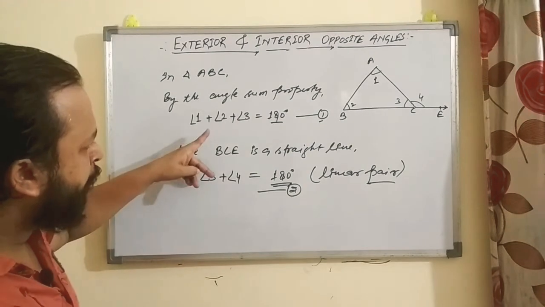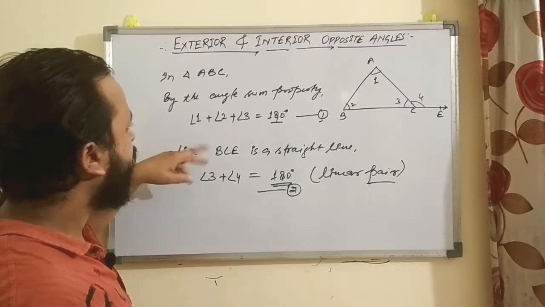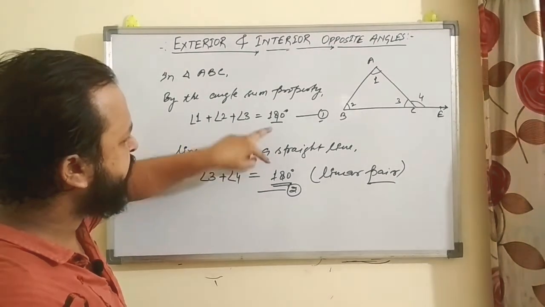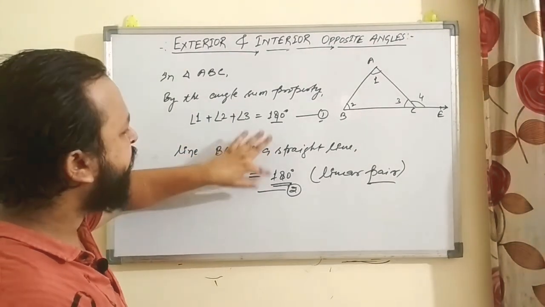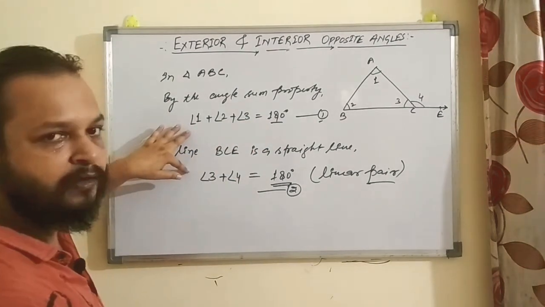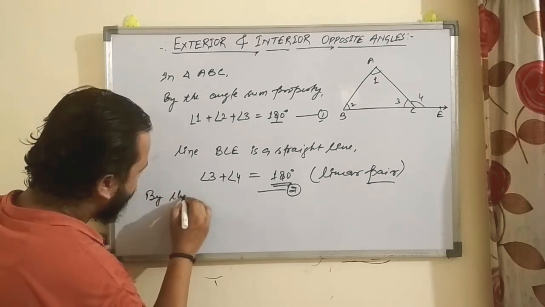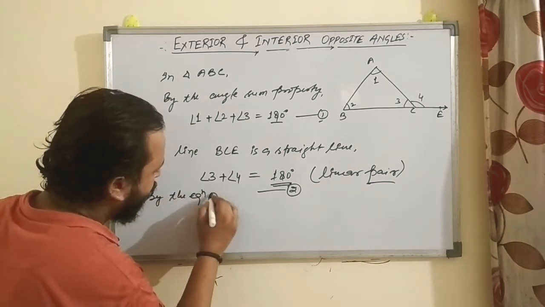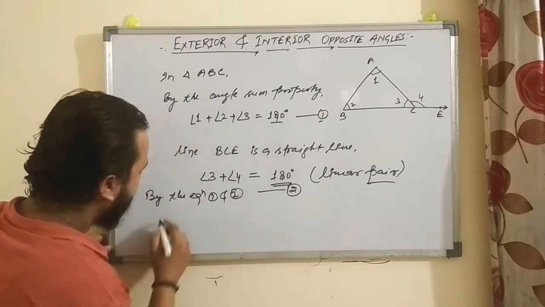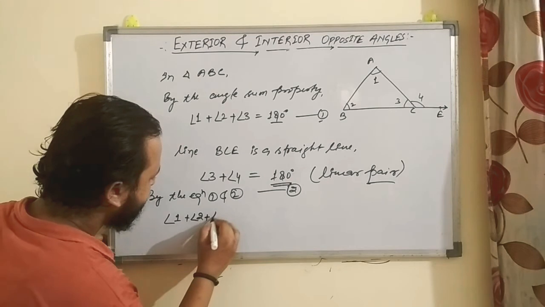Right? So if you look at these two equations, the right hand side of these two equations are equal. If right hand side of these two equations are equal, we can equalize the left hand side also. So by equation 1 and 2, what you can write? 1 plus 2 plus 3.